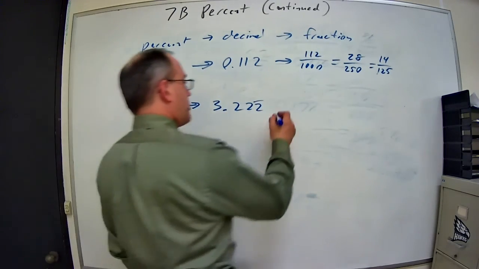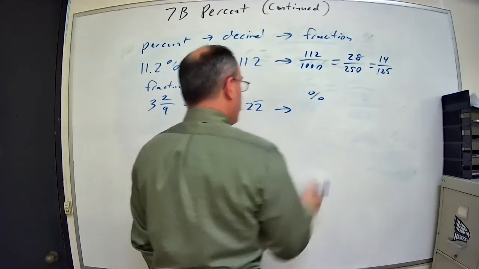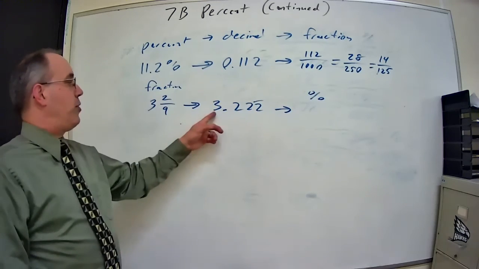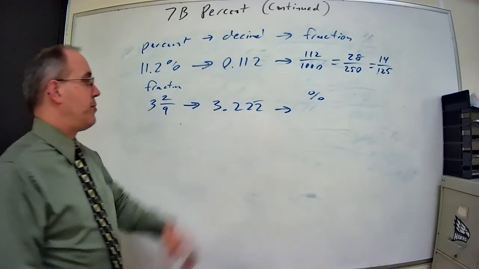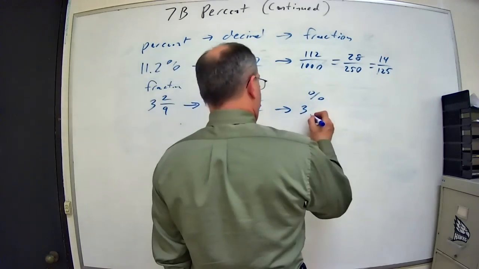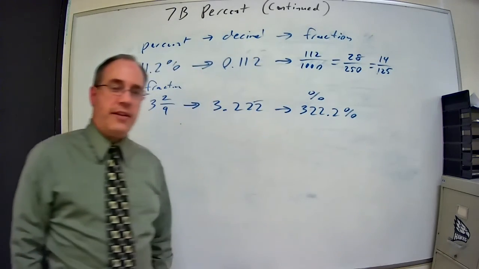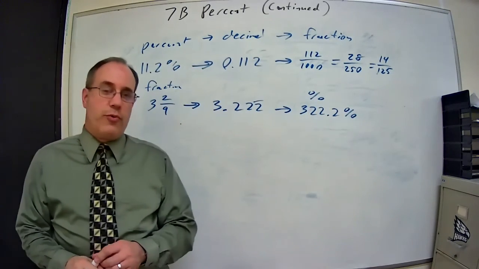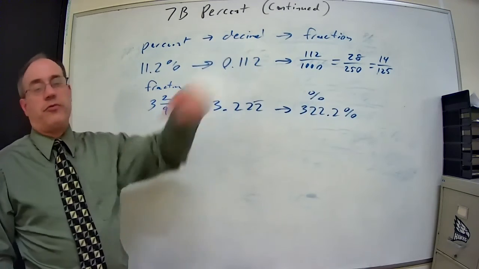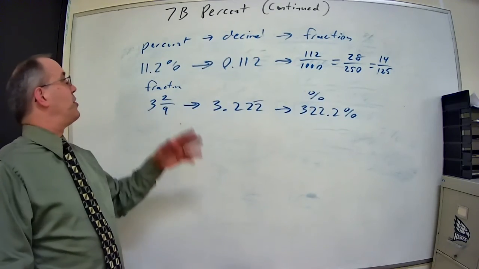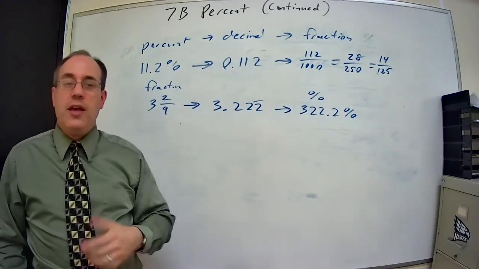And then to turn it into a percent, we just move the decimal point 2 places to the right, 322.2%.